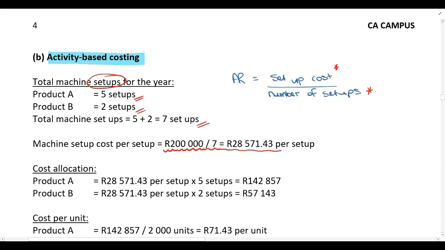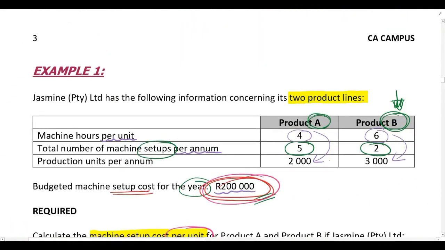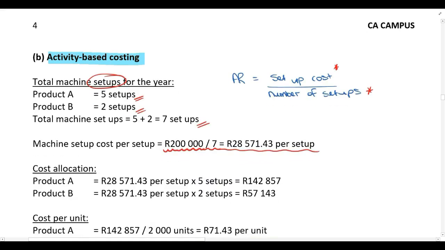So you can work out your rate per setup. Please just note, these were already the setups per annum. It was not the setups per unit. It was already the setup per annum. So it's the total number of setups for the entire year, which is what we want. Take the total cost for the entire year, divide by the total number of setups for the entire year.